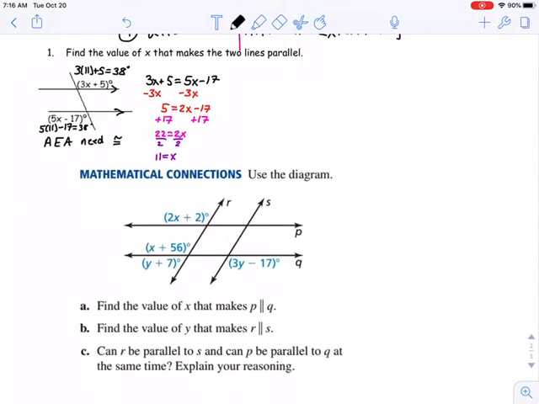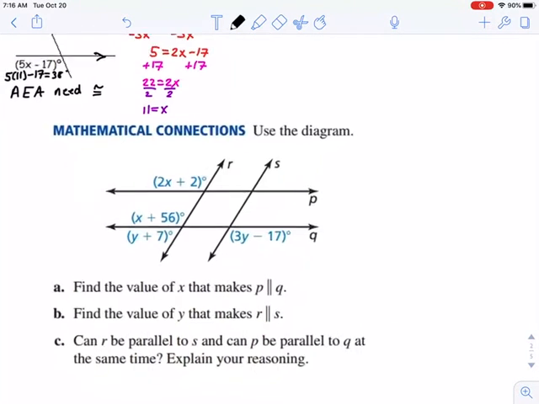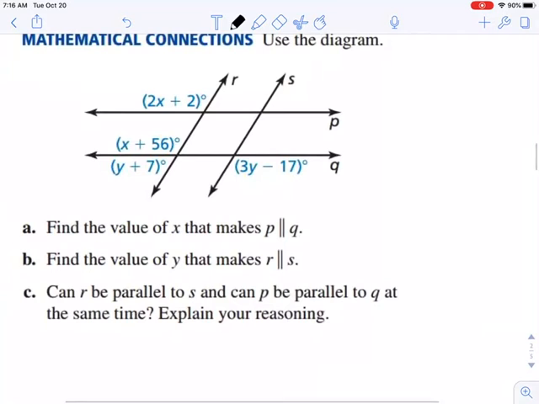All right, so we're going to do the same thing, just ramp it up a little bit. Some more algebra. All right, we're going to find the value of x that makes P parallel to Q. So in number A, the x's are corresponding angles. So we need them to be congruent.